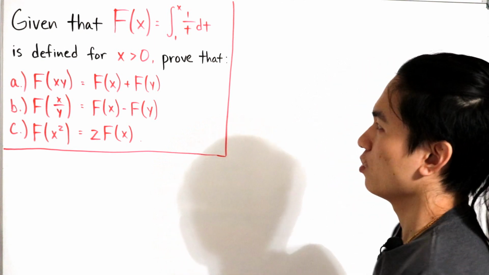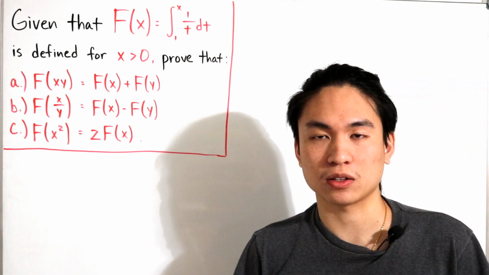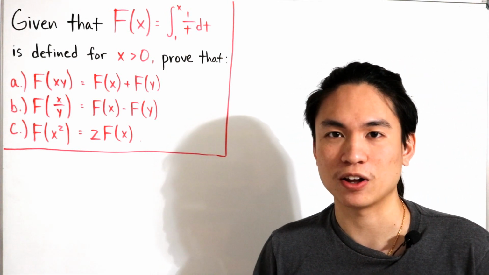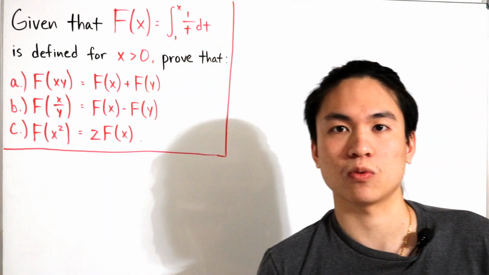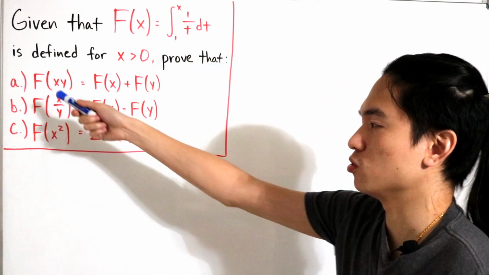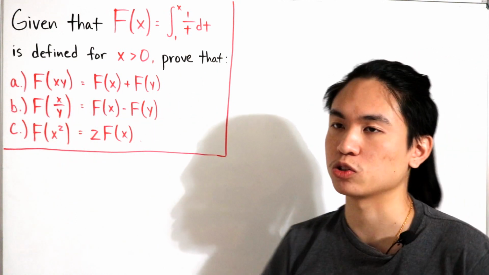So instead, in this situation, we're actually not going to use any logarithmic properties, any of that stuff at all, and just use what we're given, using that integral to help achieve each of the following statements that we want to prove.